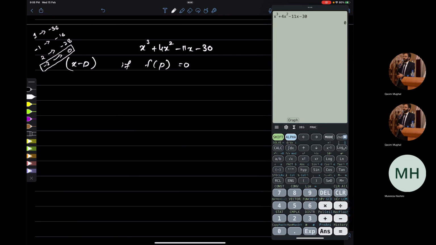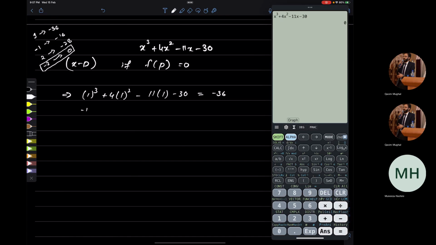But I need to show my work on all of it. So I'm going to do 1 cubed plus 4 times 1 squared minus 11 times 1 minus 30, and I know the answer for this one is negative 36.